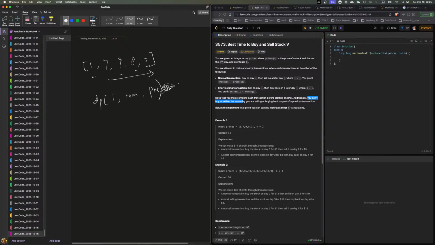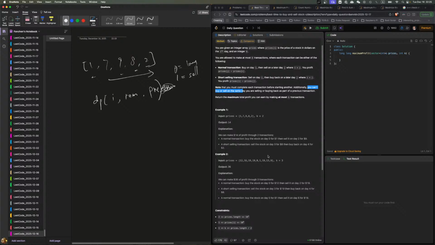So we can say 0 is buy, 1 is sell. We want to know from this towards the end, what's K? From this towards the end, we want to know the maximum you can get.